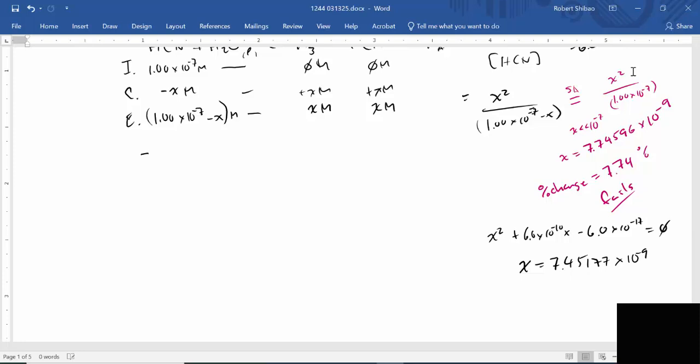All right, so let's go ahead and calculate the equilibrium concentrations. And so I have this. I'm going to do 1 times 10 to the negative 7, minus 7.45177 times 10 to the negative 9.